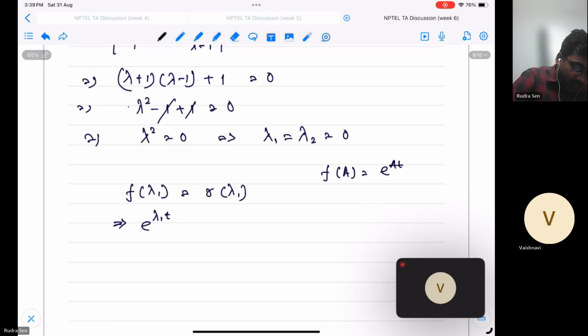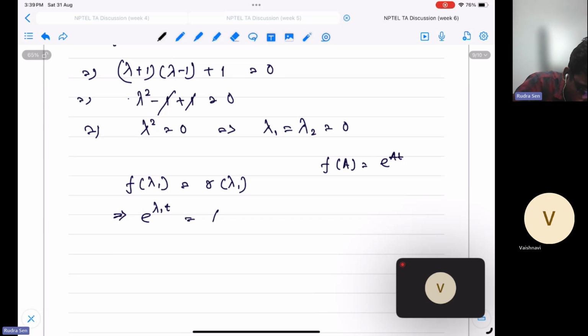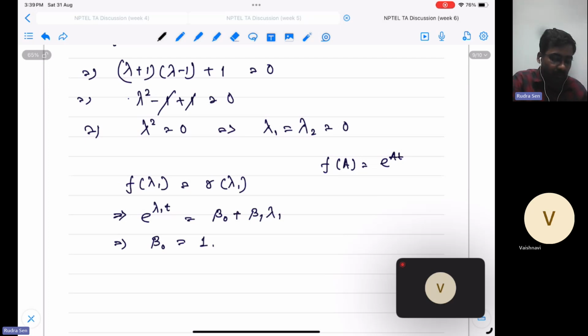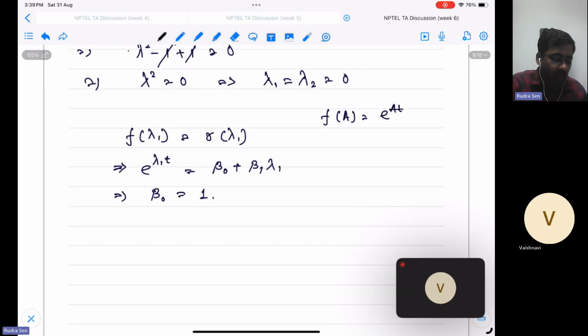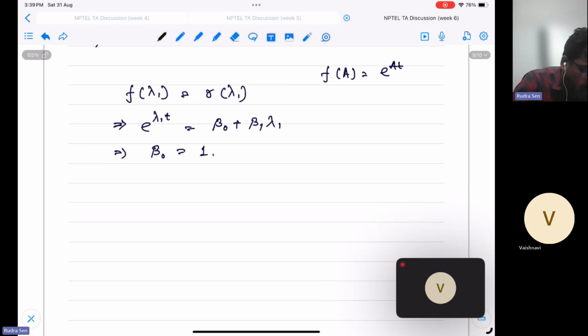So f of lambda 1 is e to the power lambda 1 t, equal to r lambda 1. What is r lambda 1? It is, let's say, beta naught plus beta 1 lambda 1. Lambda 1 is 0. So from here, beta naught equals 1, because e to the power 0 is basically 1.